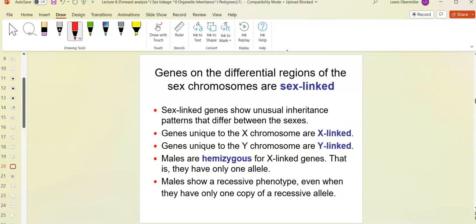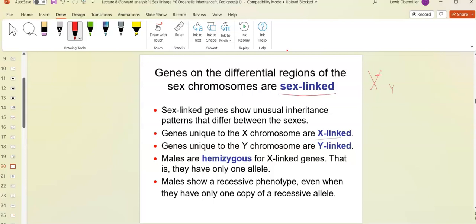Okay, so genes that are in different regions, on different sex chromosomes. You might have a gene that's on the X chromosome solely and not on the Y. So let's say there's a particular gene here that's not found on the Y, or maybe there's a gene on the Y that's not found on the X, and we're going to say that that particular trait is sex linked.